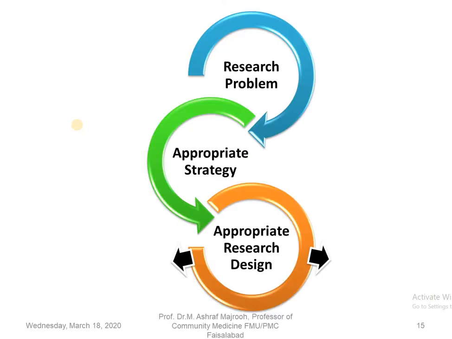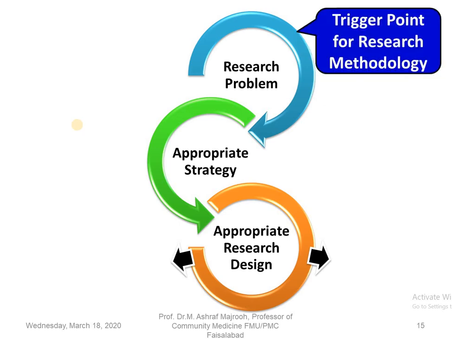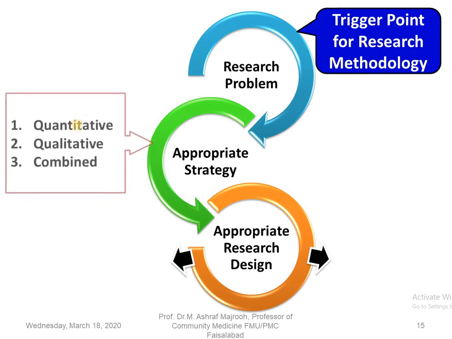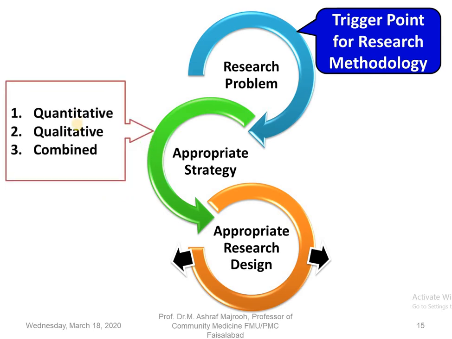Then how you decide the study design. Again, it starts from the research problem. When you frame the research problem, it will be the trigger point for the research methodology. Then you have the option, strategic option, whether you go for quantitative research or qualitative research.